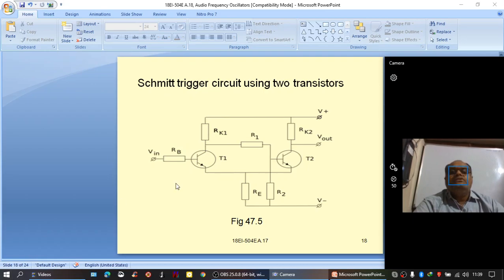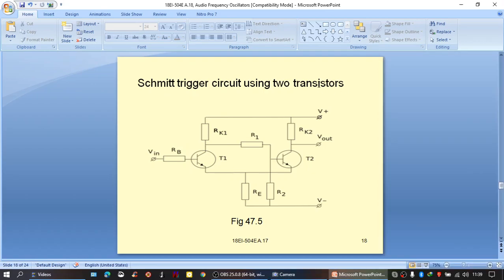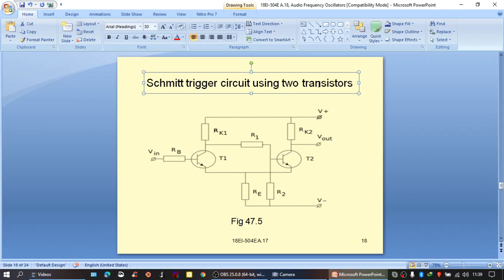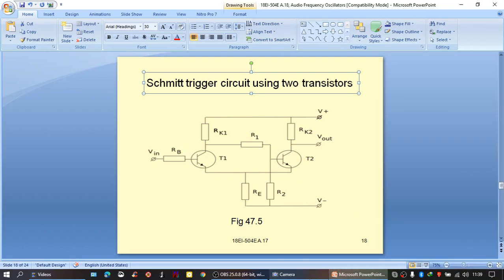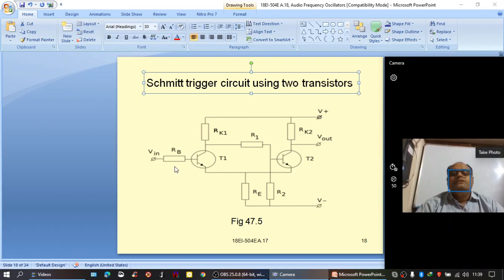Schmitt trigger circuit using two transistors mode. Another circuit which is used commonly in two transistor mode is shown here. Here, initially, let us suppose that no voltage is available here.